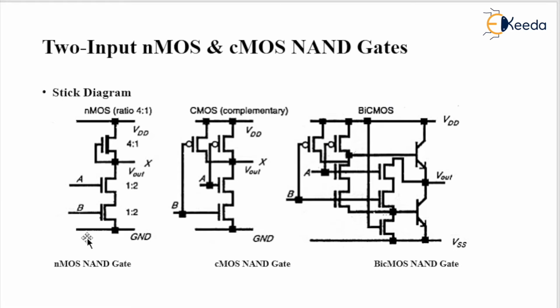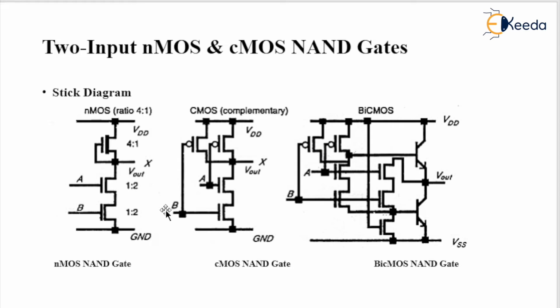That's the reason I am taking these two inputs A and B in series fashion, because it is an AND term. Whenever it is OR, we connect it in parallel. So here it is AND, and AND means series combination. A and B are connected in series with a ratio of 1:2.